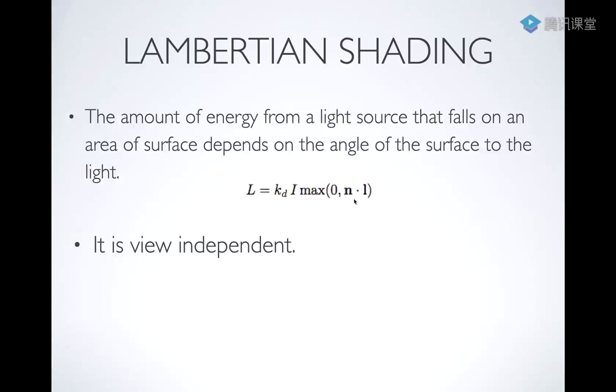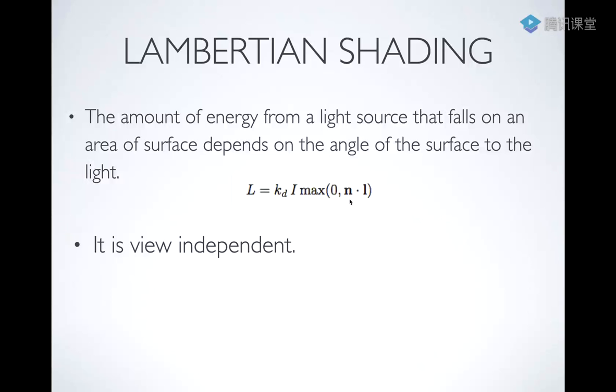Okay, so this is the angle of the surface to the light. If they're aligned, close enough, this value is 1, so it means very bright.